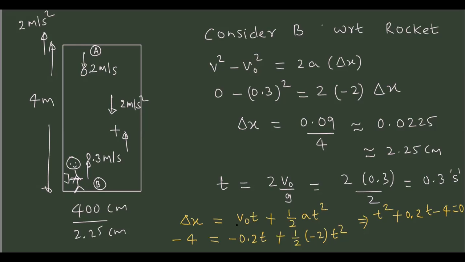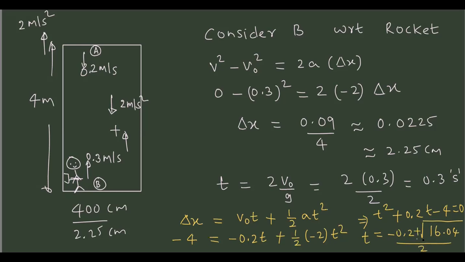So here, let's say I solve this quadratic, what do I get? I'm hoping you guys know that formula, right? Minus b plus or minus the square root of b square minus 4ac. B square will be 0.04, minus 4ac is like 16.04, all over 2.